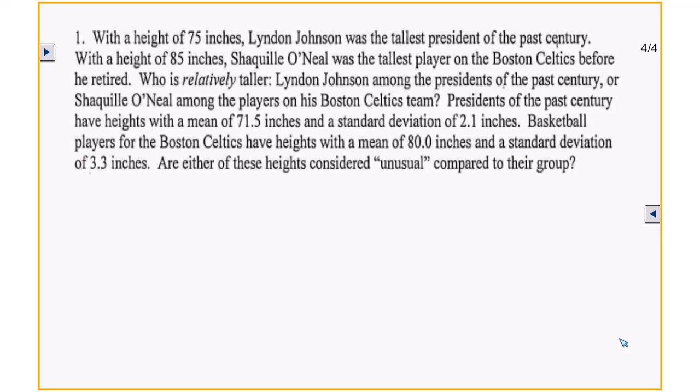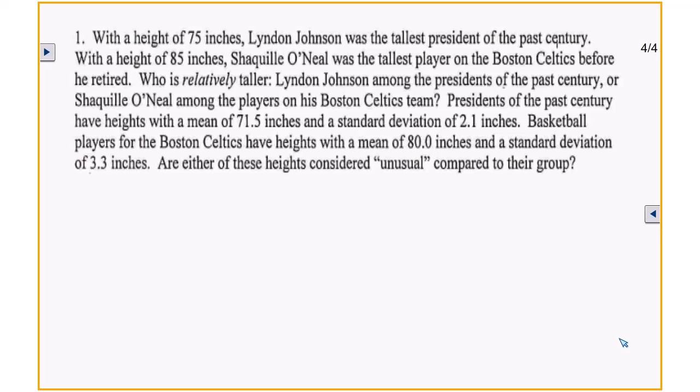What is the question asking? It's not asking who is taller. It's asking who is relatively taller. What does relatively mean? Just write these words down: in respect to your own population, or you could say, in respect to your own group.